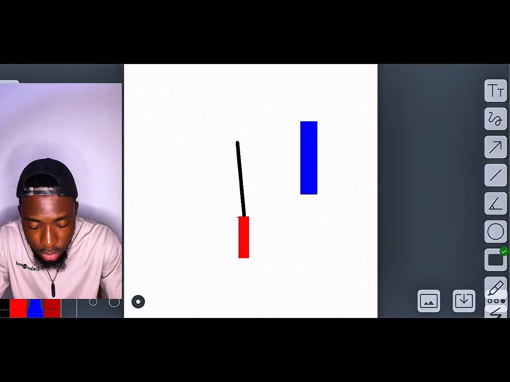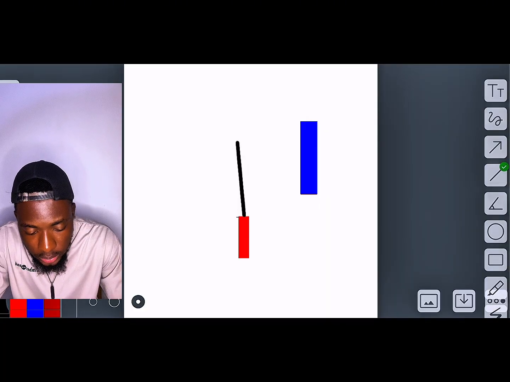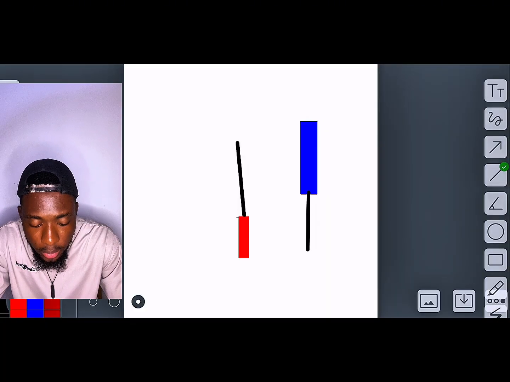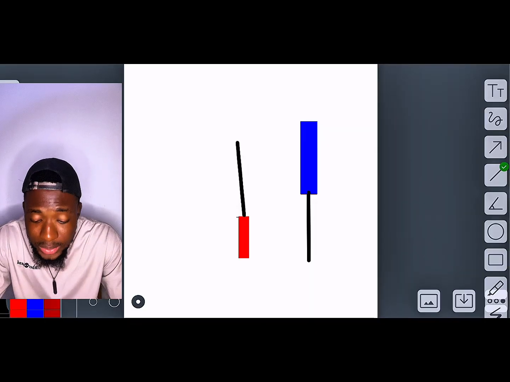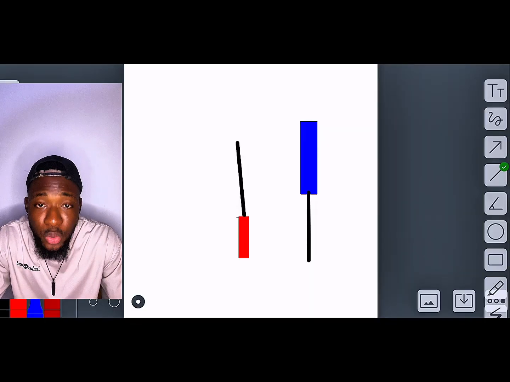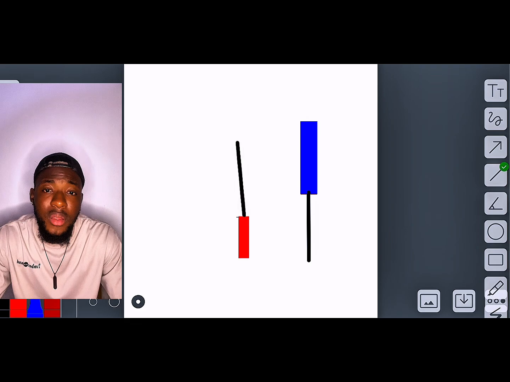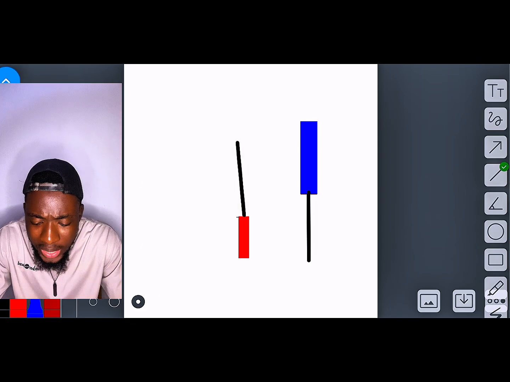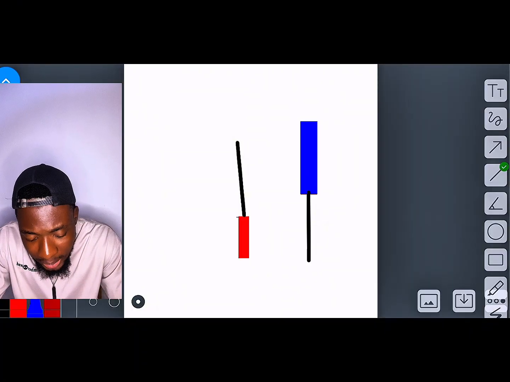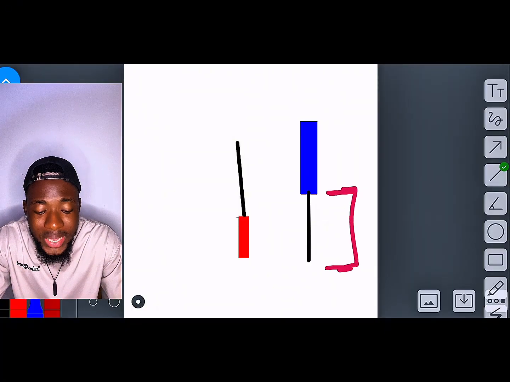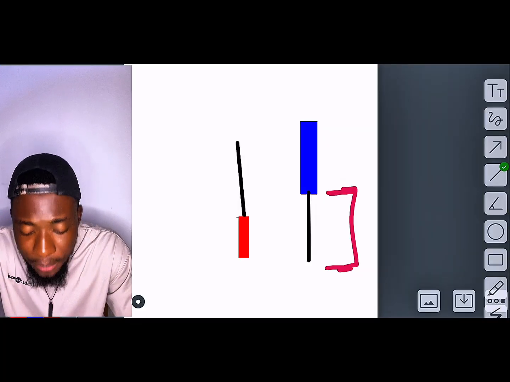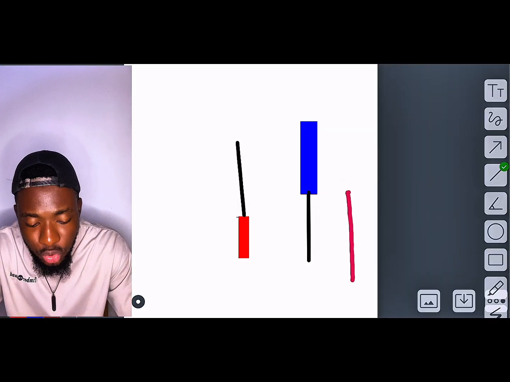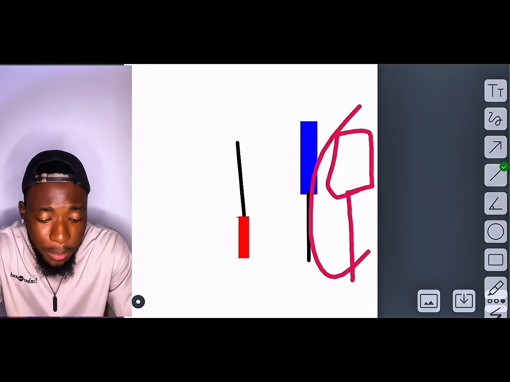These remaining portions become a wick, and what it's telling you is that the buyers were able to reject the sellers. If the buyers were able to push the price back up from here, it's telling you the buyers are gaining momentum, meaning they're stronger in the market. So that's why it gives you something like this, and this is the bullish hammer.